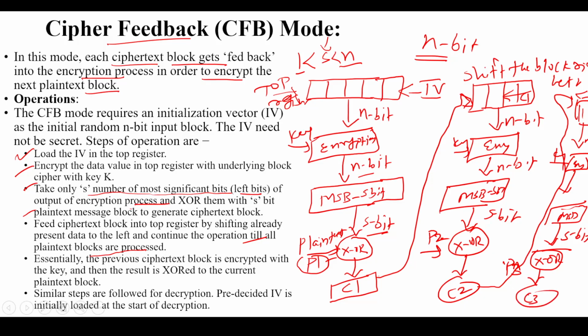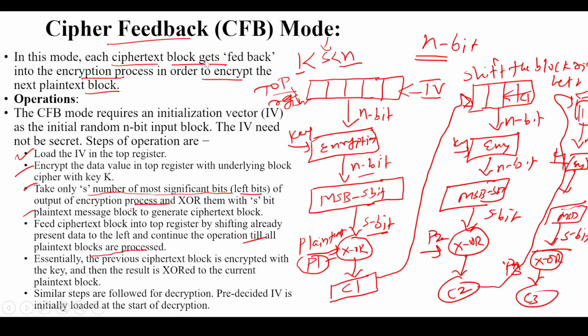So this is the process of encryption. Here we have to remember one thing only: whatever value we have encrypted, that output will be shifted into the top register. So shift the block to the left.